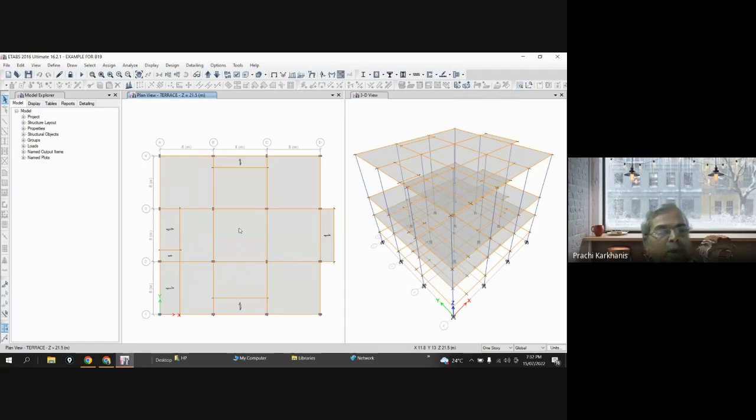Either you can create a water tank model in ETABS itself, and then apply the loading due to the storage of water on the slab, and you can apply the lateral loading on the walls, since the water will apply pressure on the surrounding walls.